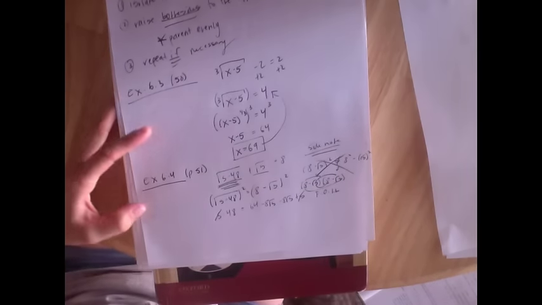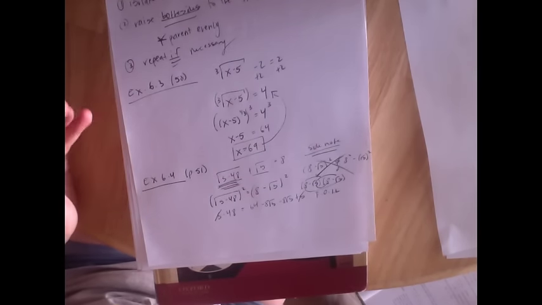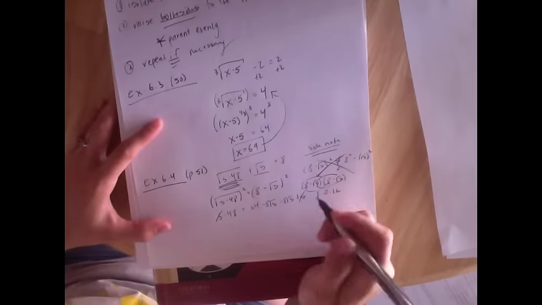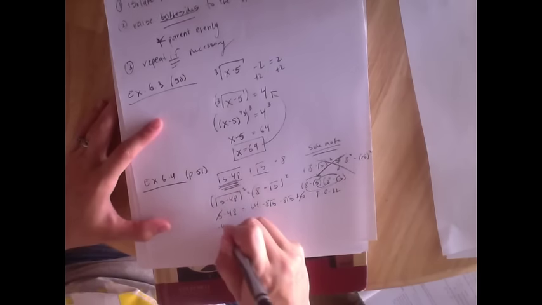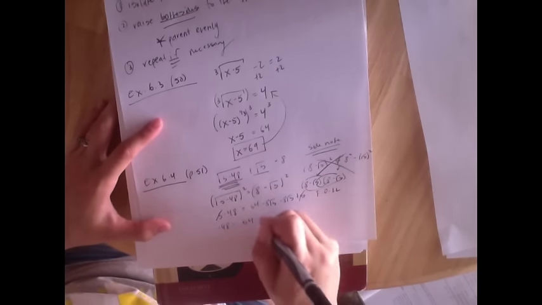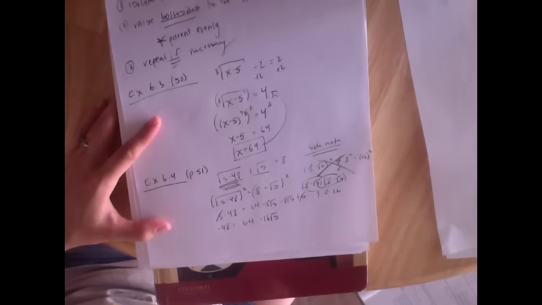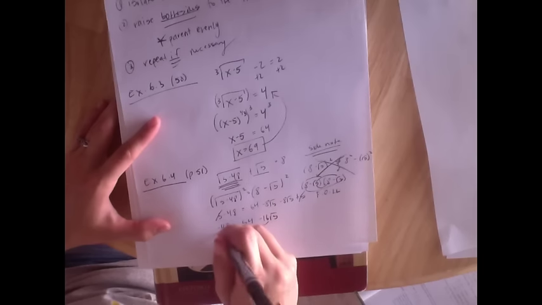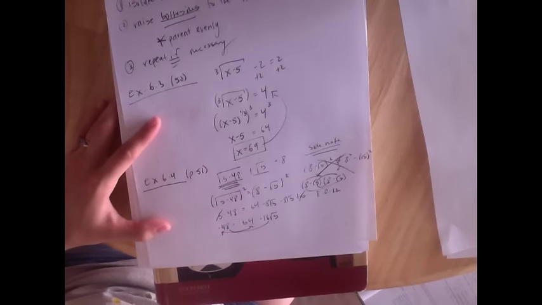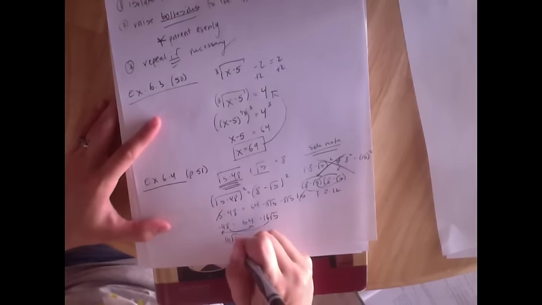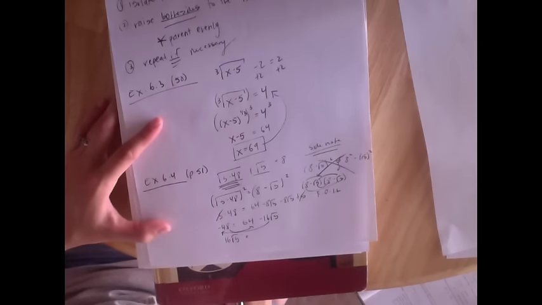I have s on both sides, which means that they cancel. And I am going to combine these terms, giving me negative 48 equals 64 minus 16 root s. Again, isolate the radical. I'm going to move this over, move that over, leaving me with 16 root s, positive because it moved over, equals 112.